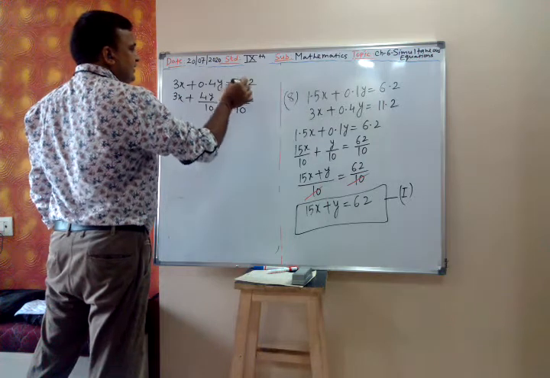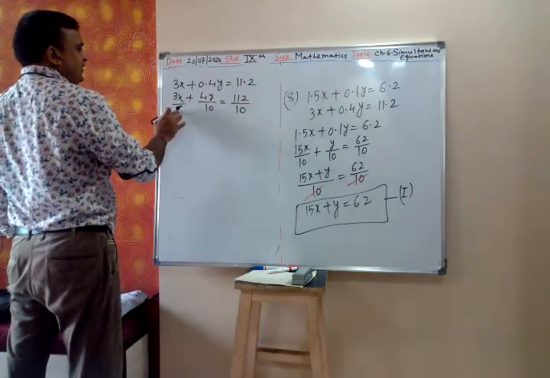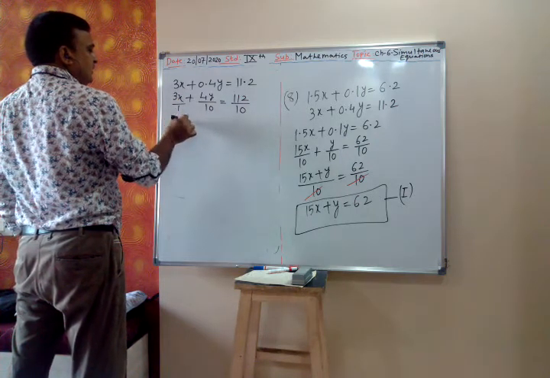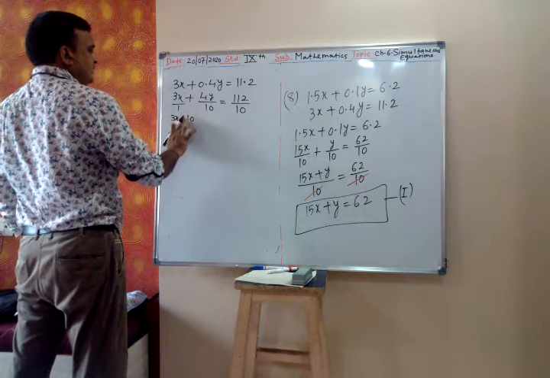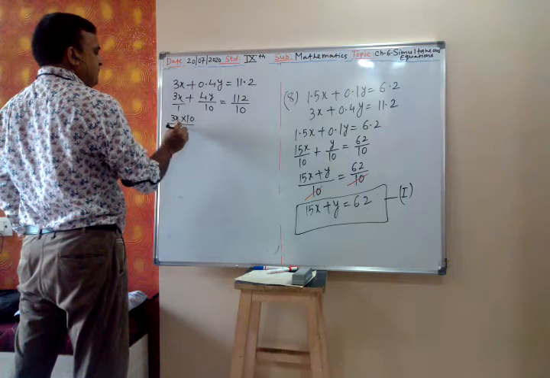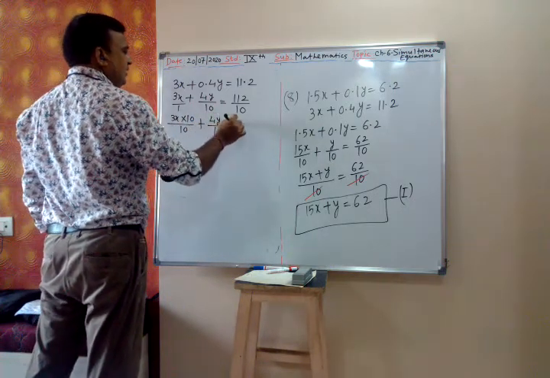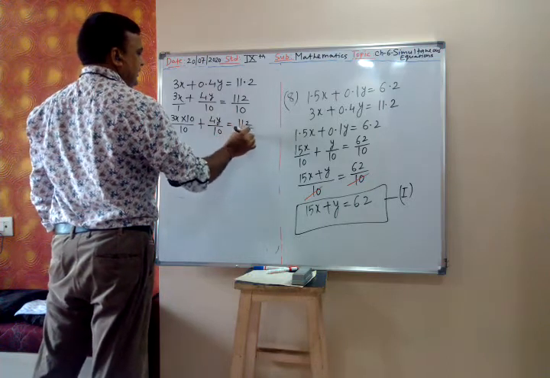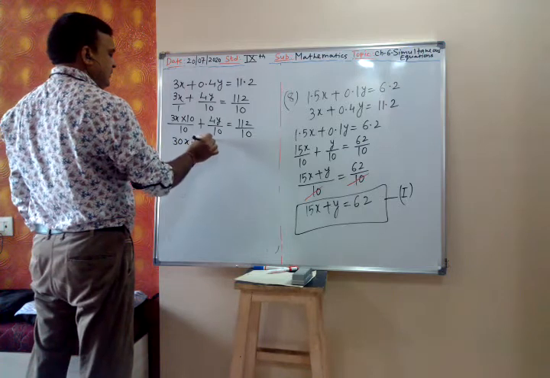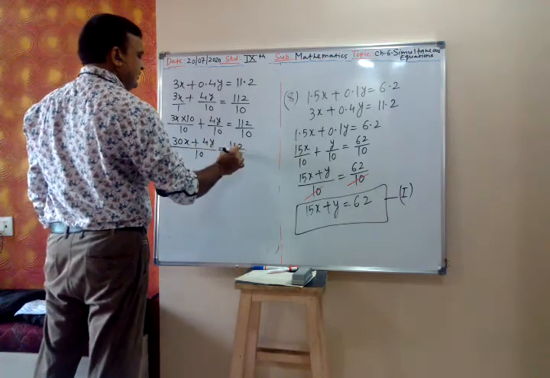After the decimal there is one digit. 3x means 3x upon 1. LCM of 10 and 1 is 10. So this is 3x into 10 upon 10 plus 4y upon 10 is equal to. So 30x plus 4y upon 10, I am writing directly, is equal to 112 upon 10.